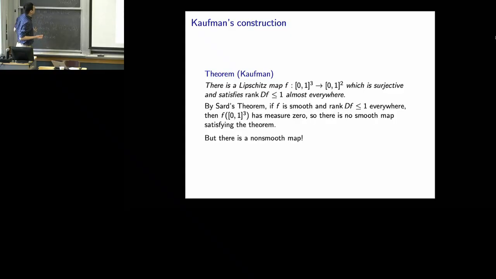Each of those small cubes is going to contain 64 more tiny cubes, and we can do it in each of those tiny cubes, and so on and so forth. In the end, because the side length on the left and the side length on the right are the same, when we rescale the domain by a factor of 8, we just rescale the range by a factor of 8, and the Lipschitz constant, the derivative bound, stays the same.